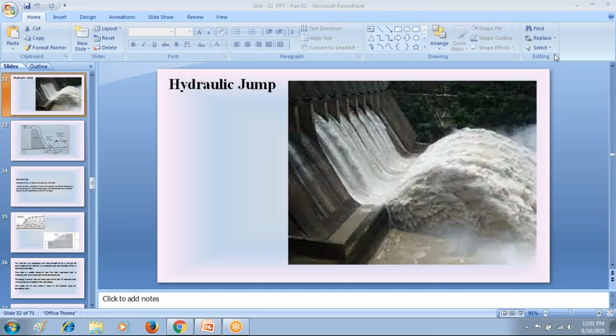In that gradually varied flow, we discussed the dynamic equation of gradually varied flow. We discussed the dynamic equation for wide rectangular channels. We discussed channel bottom slopes. We discussed water surface profiles in open channels.